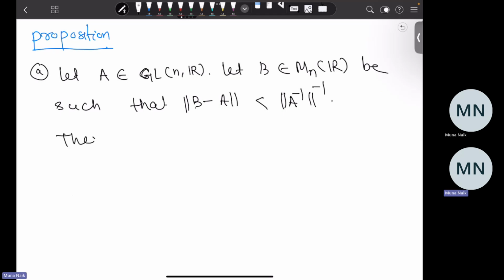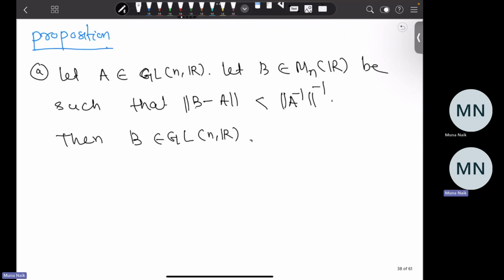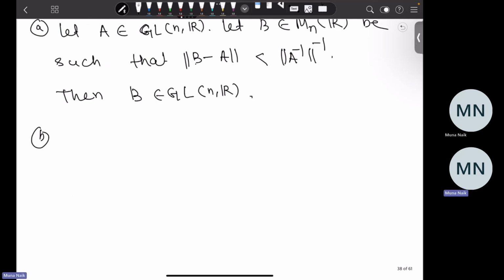Then B belongs to GLn(R). Okay, so part (a) implies that GLn(R) is an open set in Mn(R). And part (b) says that the map A going to A inverse is continuous on GLn(R).